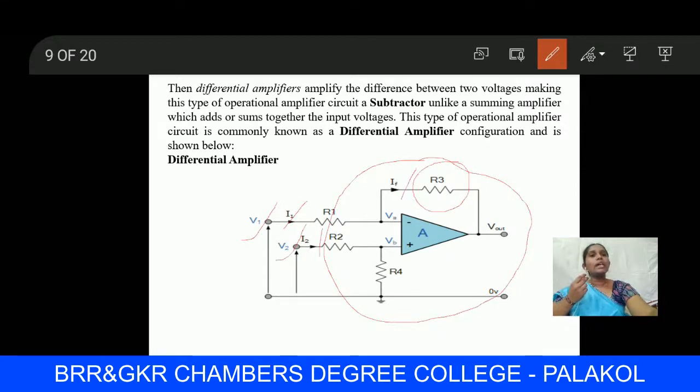Also here A is nothing but the gain of the amplifier. Here a negative feedback amplifier is used. Negative feedback means the output is given to the inverting terminal as an input through a feedback resistance R3. That's why it is a negative feedback amplifier or inverting amplifier.